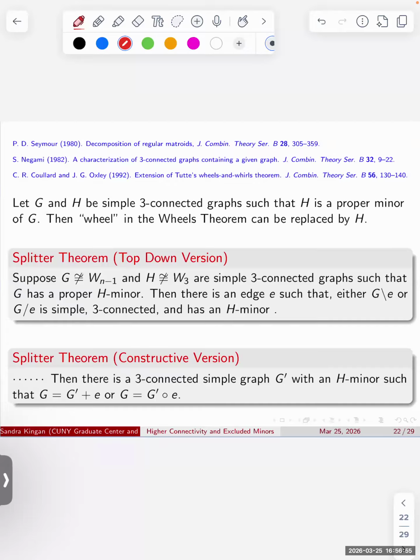The H minor is always there. So essentially what Todd did for wheels, you can actually say for any H minor. And the original hypothesis is slightly different from this. This is from the last paper, where the hypothesis was simplified.